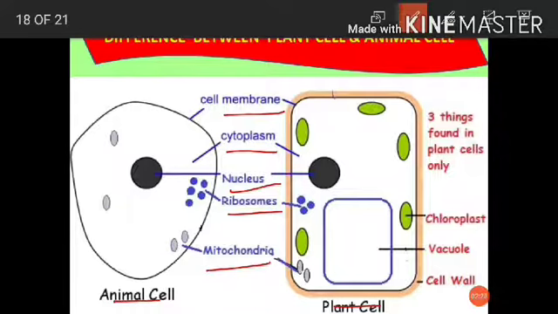But what is not present in animal cell? That is chloroplast, which contains chlorophyll for photosynthesis, vacuole, which contains waste products, and cell wall, the outer membrane of the plant cell, which provides rigidity and protection to them.